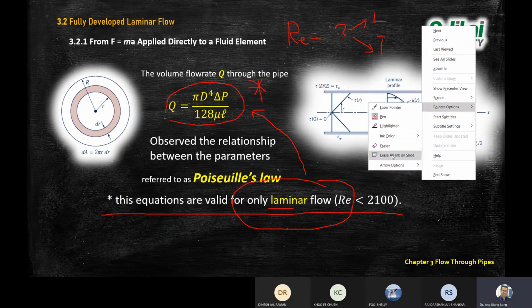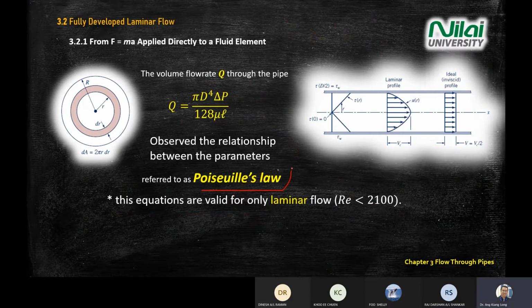This is also called Poiseuille's law. This Q equation, Q equal to this delta P, mu, L relationship, this whole thing is called Poiseuille's law. Okay, take note.